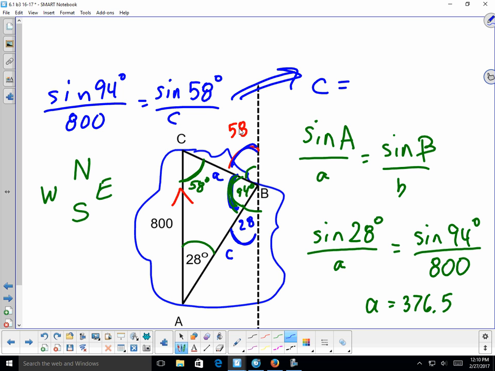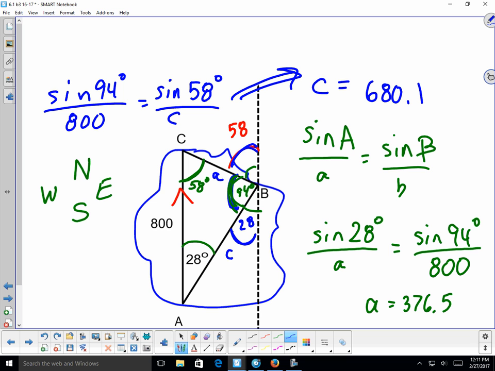Okay, but we agree with this setup? So what's this going to be when we work it out? Grabbing your calculator? What'd you get? 680.1.